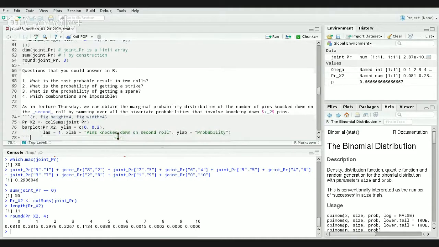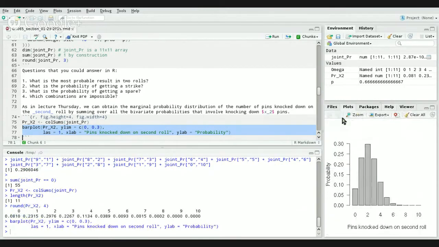We can look at these results graphically using a bar plot. This first line is the guts of the plot that I'm about to show. The second line is only for formatting the plot, and adding decoration is less essential. So you see that plot appear in the bottom right.